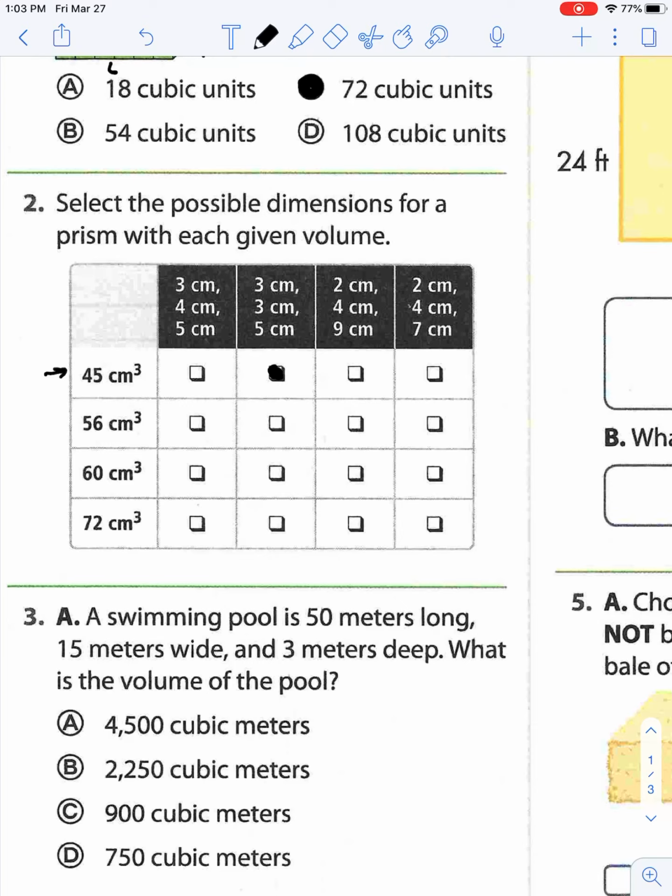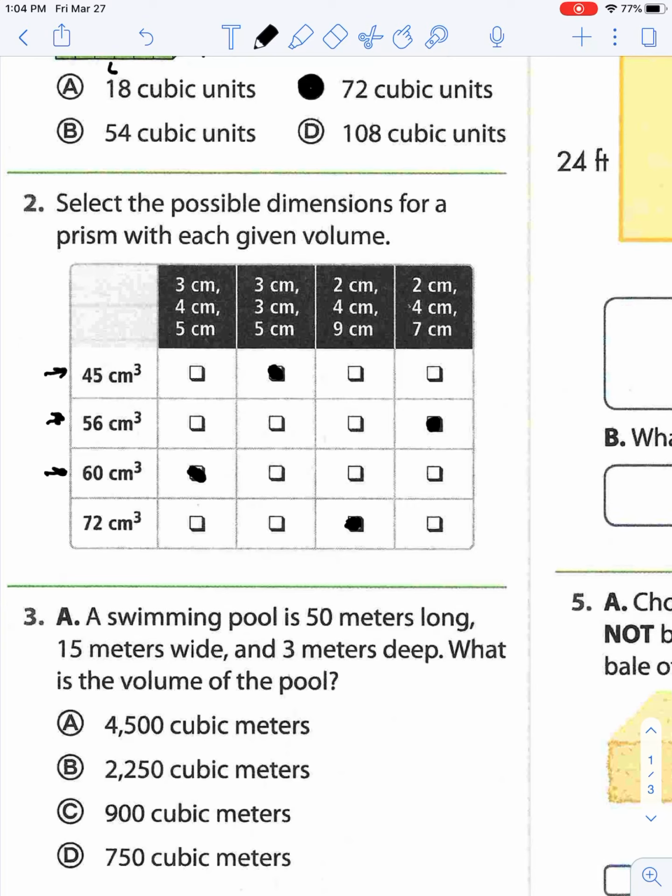When you do the math for the next one, it is going to be found over here, 2 times 4 times 7. And this one will be the first one, 3 times 4 times 5. And the last one's got to be this one.